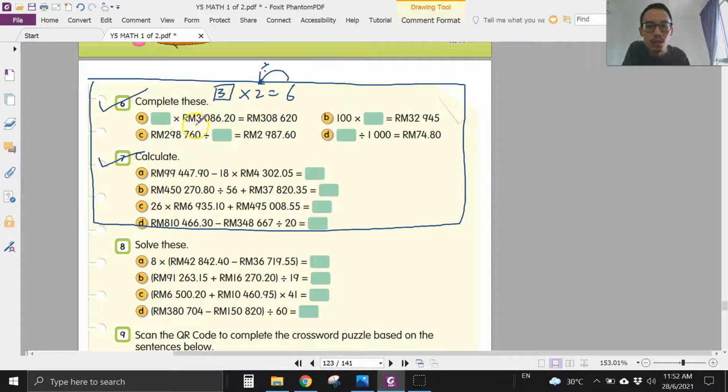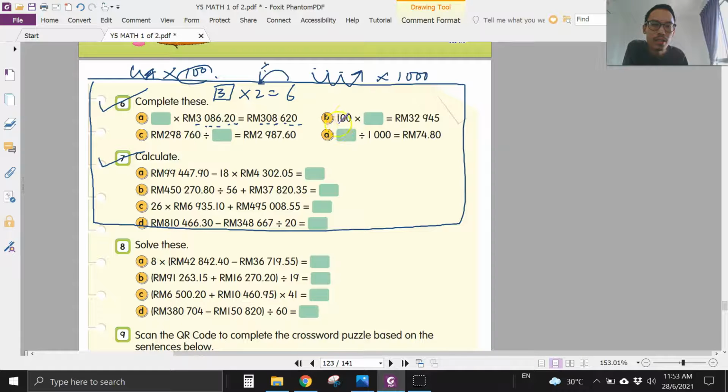One thing here, you look here, they are all the same digits. 308620. 308620. So what you have to do is find out how many decimal points you have to move to the right. So 3 decimal points, that means times 1,000. 2 decimal points, that means only 100. That's how you do it.